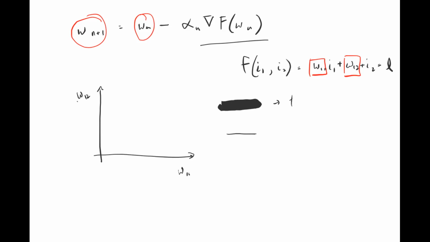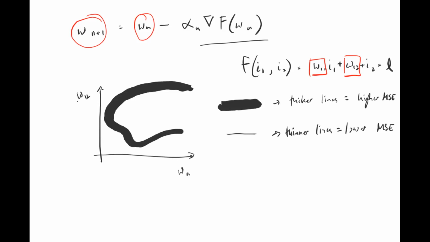Thicker lines equal higher mean squared error, and thinner lines equal lower mean squared error. So you could have some kind of shape that looks like this.